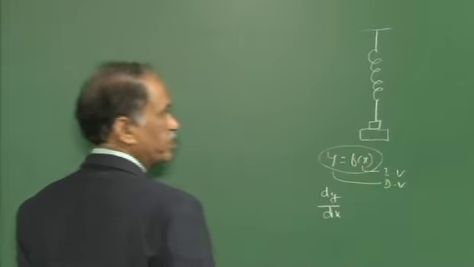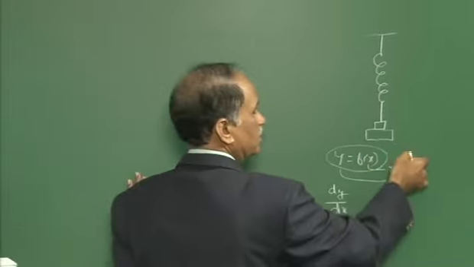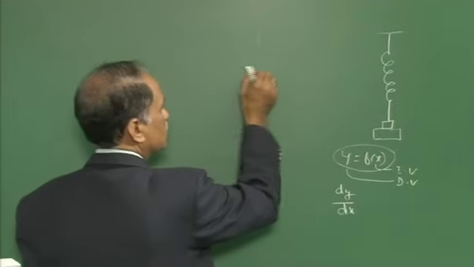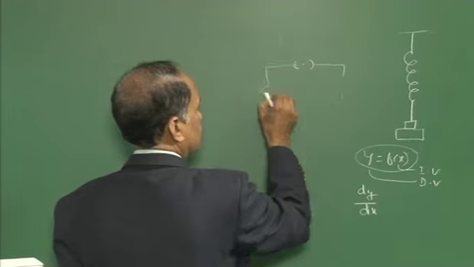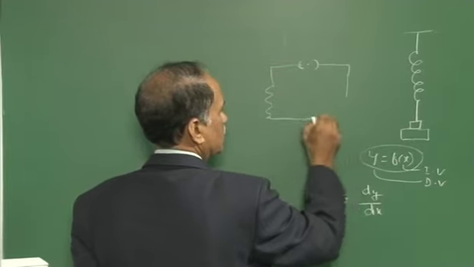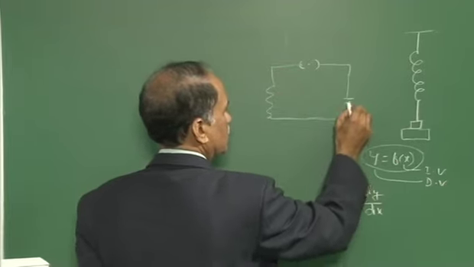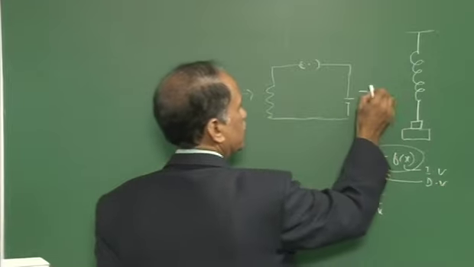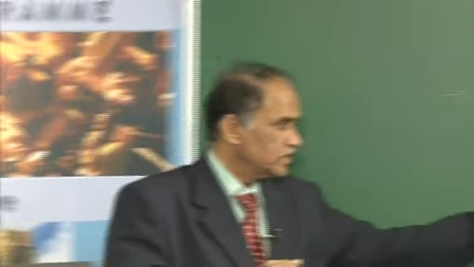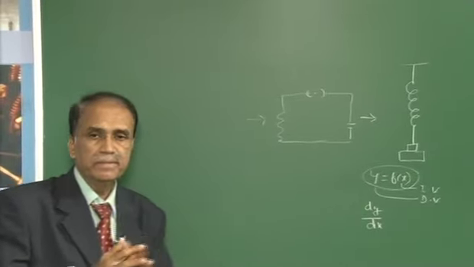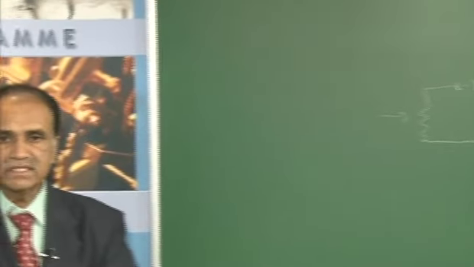For example, the vertical vibrations and also the flow of current through the circuit are represented by means of differential equations.